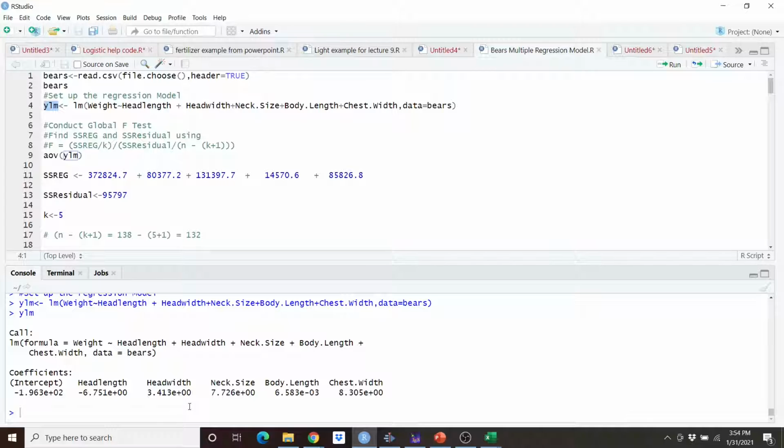Now, in a multiple linear regression model, what we get is y hat is beta hat 0 plus beta hat 1 x1 plus beta hat 2 x2 plus ... plus beta hat k xk plus epsilon ij.